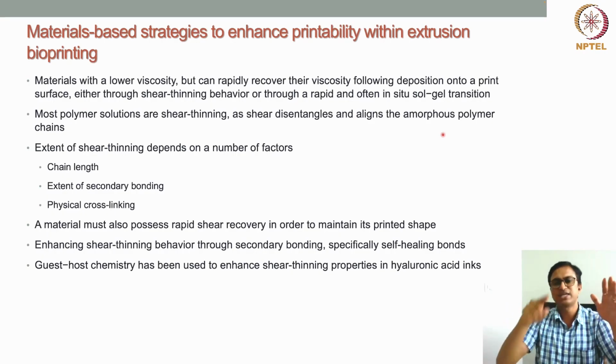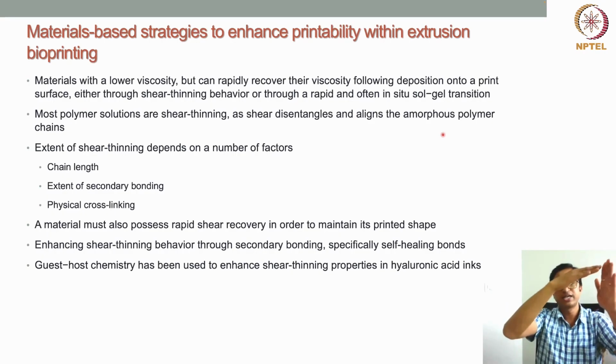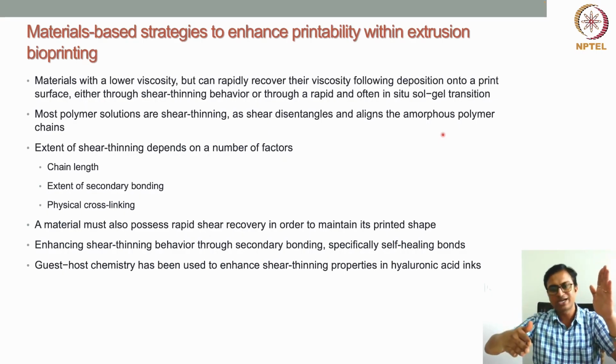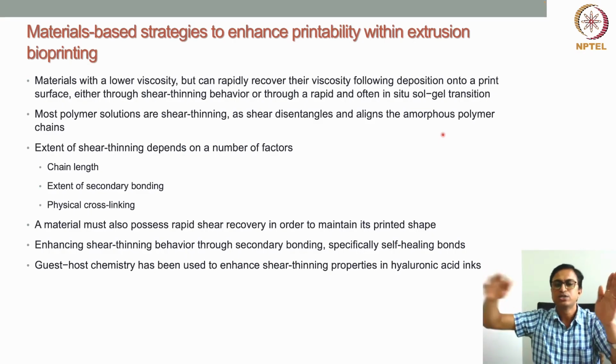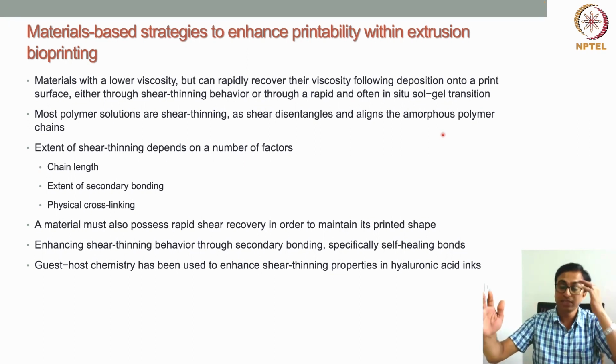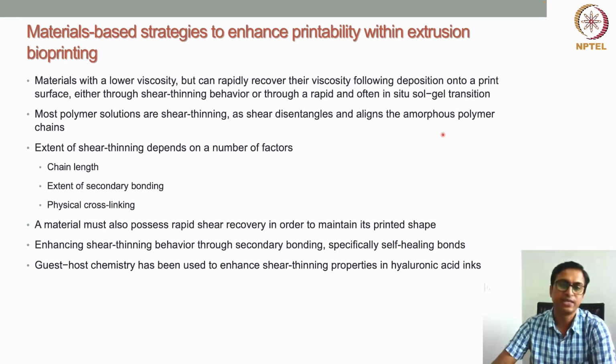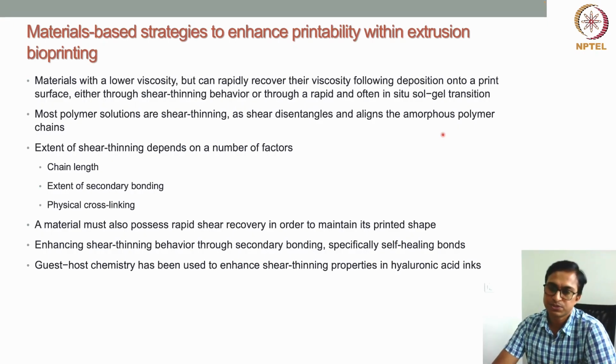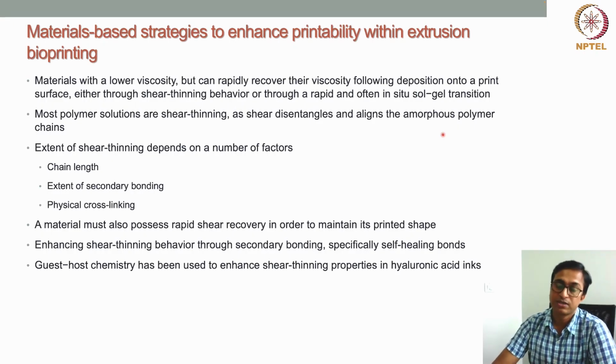So typically the viscosity is high at low shear, comes down at high shear, and when we remove the shear force after extruding, the viscosity goes high again. That means the shear recovery of the material helps in retaining the structure and shape of the material.